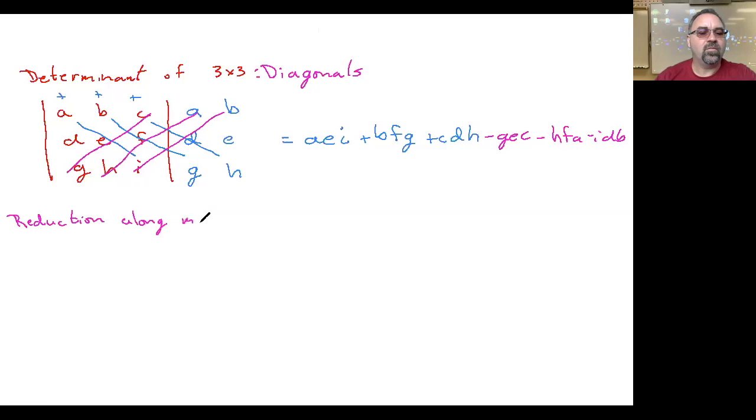So in reduction by minors, the matrix gets turned into three other matrices that are 2 by 2s.